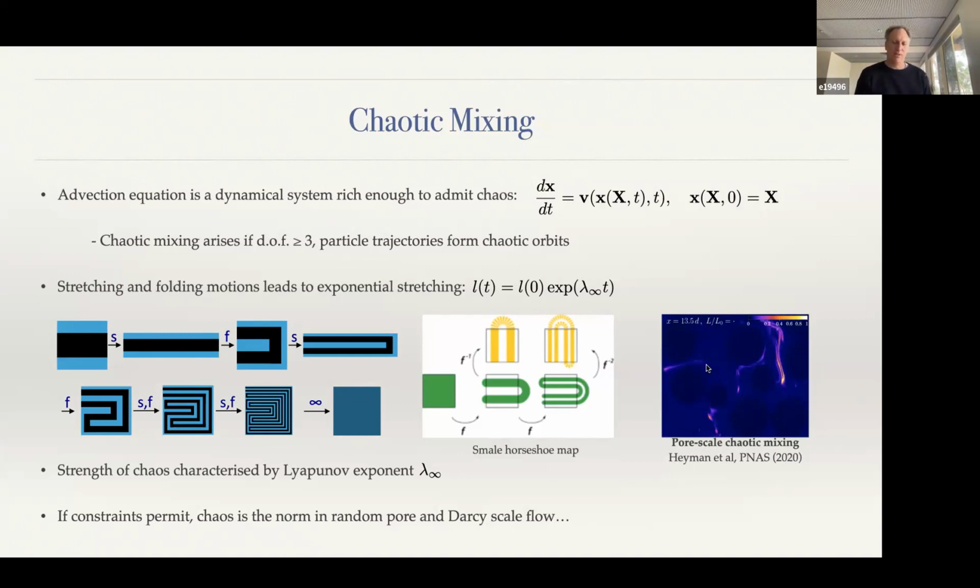The folding is a necessary step to hold the exponentially stretched material within a finite volume, or at least a volume that grows algebraically with time. So the take-home point is that as long as these degrees of freedom exist, chaos is the norm in random porous and Darcy scale flows. The only time that you won't get it is if other kinematic constraints come into play in the system.